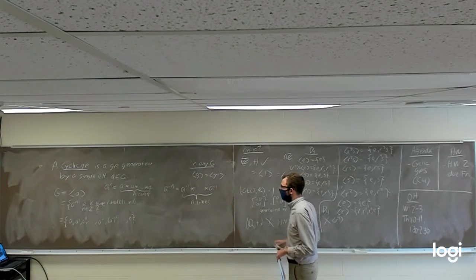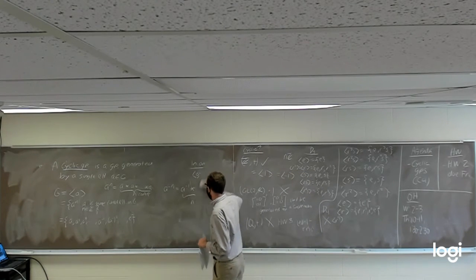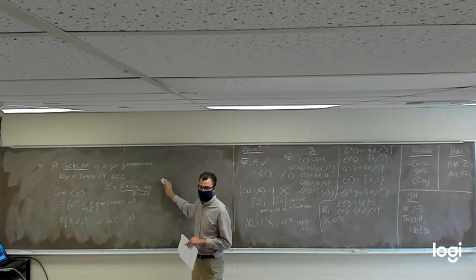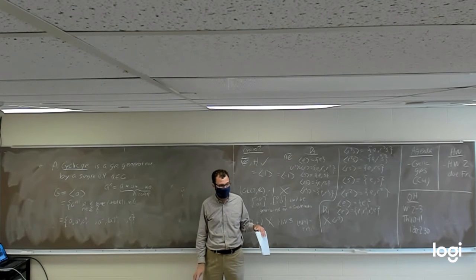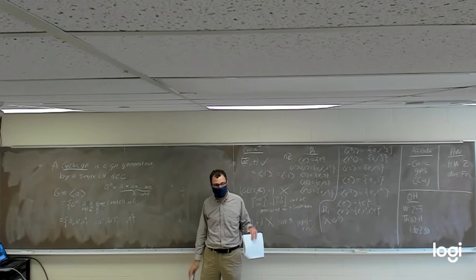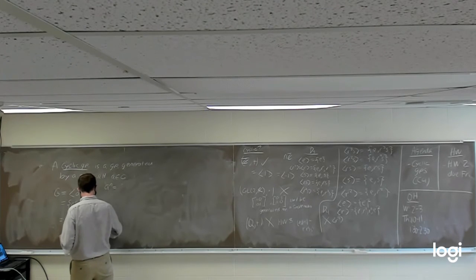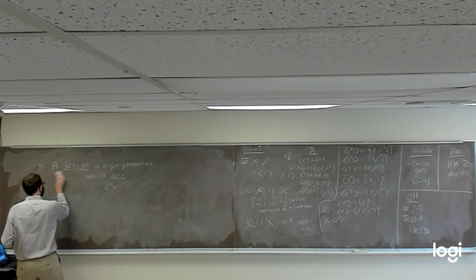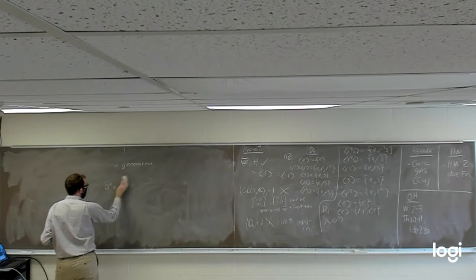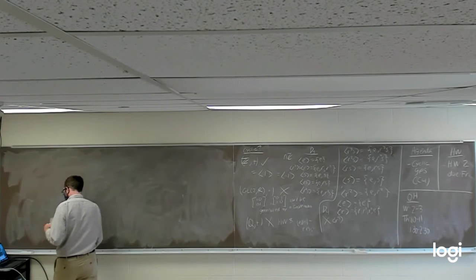And in order to do that, we're going to have to talk about how you do long division with remainders and quotients. Everyone remember doing that at some point in their lives and how exciting it was? So this is going to be an example that will generate some cyclic groups for us.